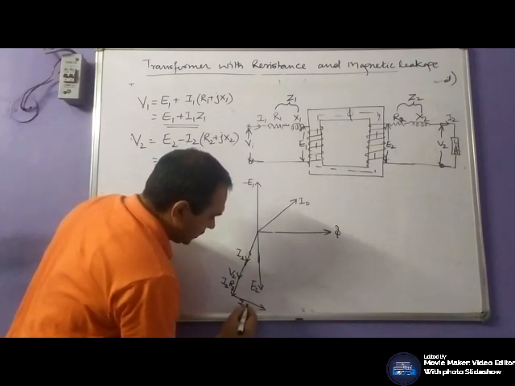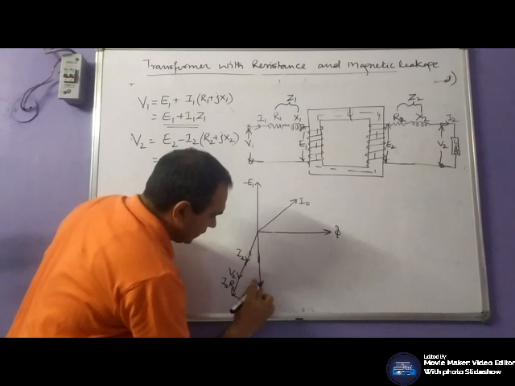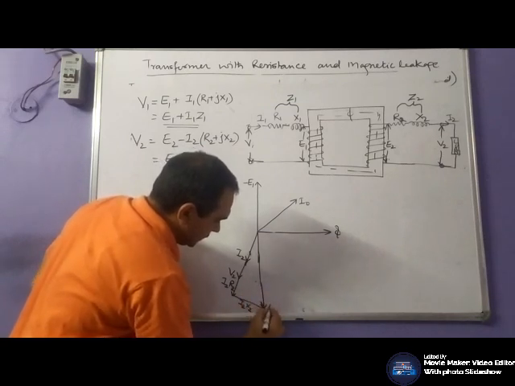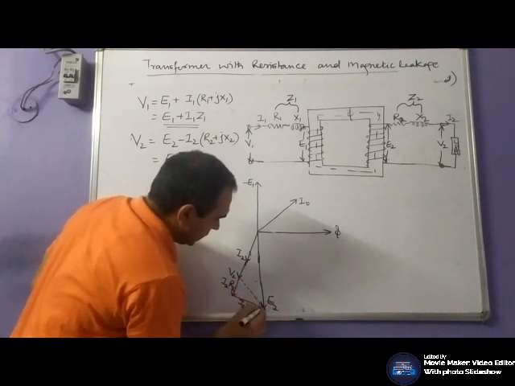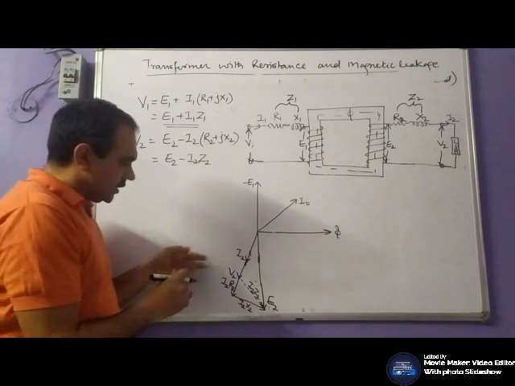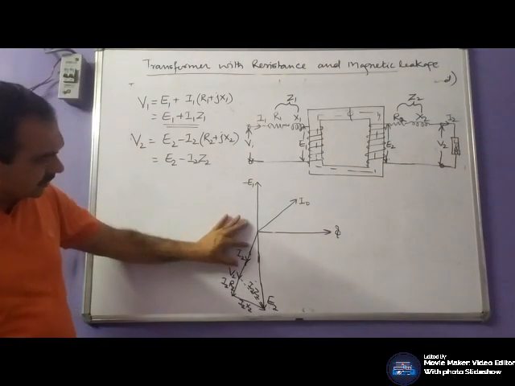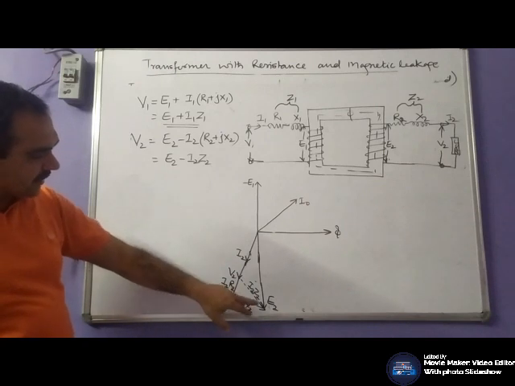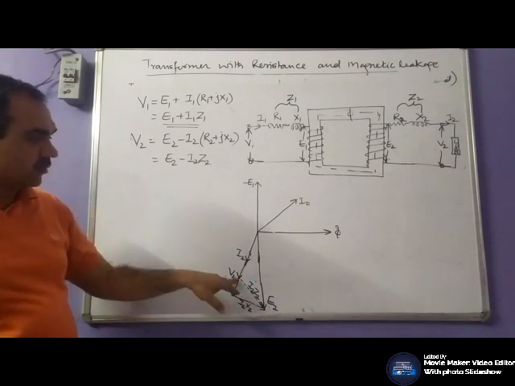So this will be your E2 and this will be I2 Z2. The phase angle phi 2 between voltage and current is 0, and this will be your resultant voltage.